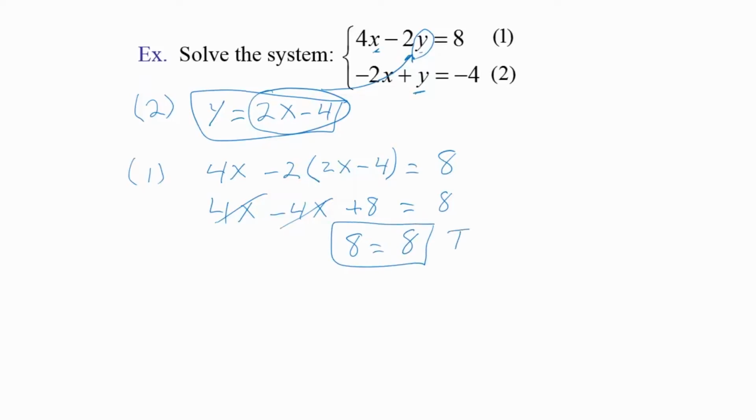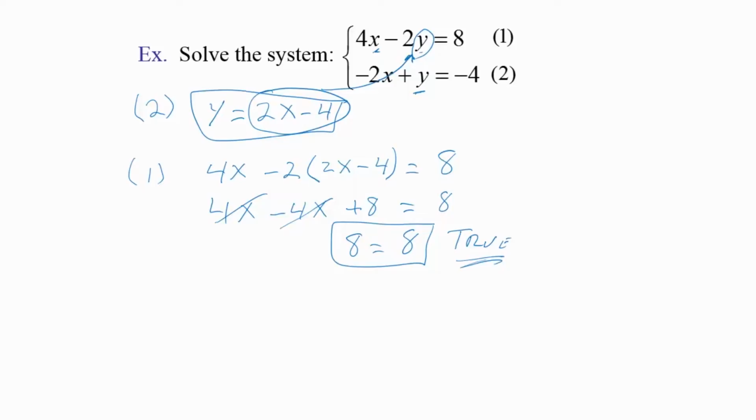Now this is a true statement, right? 8 is equal to 8. Now, there is nothing to solve for. There is no x to solve for.